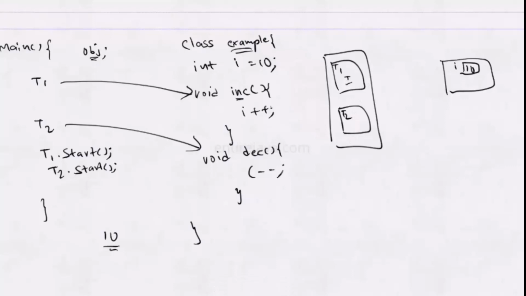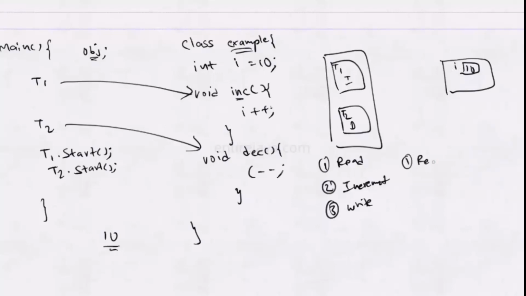In T1 I'm performing the increment operation, and in thread 2 the decrement operation. Internally the increment operation happens in 3 steps. Step number 1, it needs to read the value of I from memory, so it's read. Second, increment the value, and third, write the value back to the memory. And the same is the case with decrement.